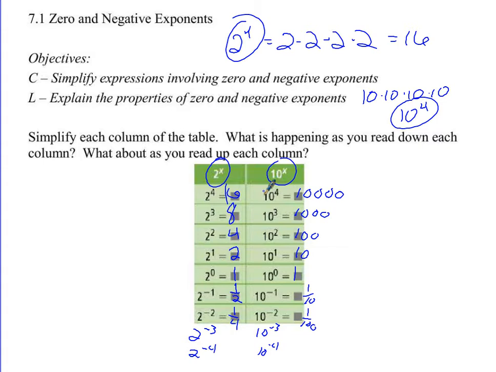And hopefully, if you think about it, that should make sense because exponents are just repeated multiplication. So if I have 2 to the third, then what I have is 2 times 2 times 2. I don't have this extra times 2. How did I get rid of an extra times 2? I divided it. So to go from here to here, that extra times 2 disappeared, and I wound up with just 2 times 2 times 2. 2 to the second power was 2 times 2. 2 to the first power was just 2.